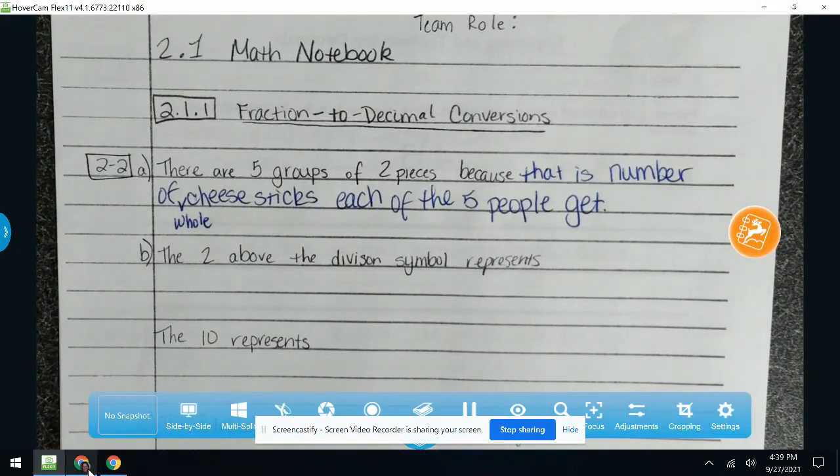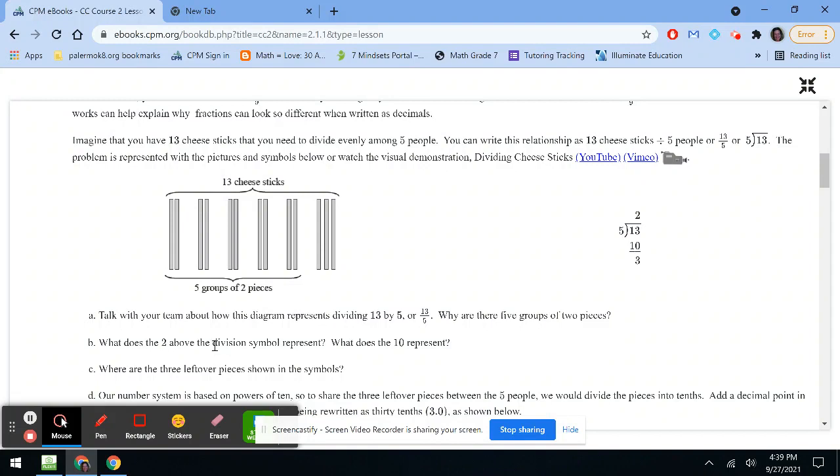So we're going to go back to our book right here. The next one, B, says, what does a 2 above the division symbol mean? We're talking about this 2 right here. The 2 above that division symbol means that's the number of whole cheese sticks or number of groups. I have 13 in total.